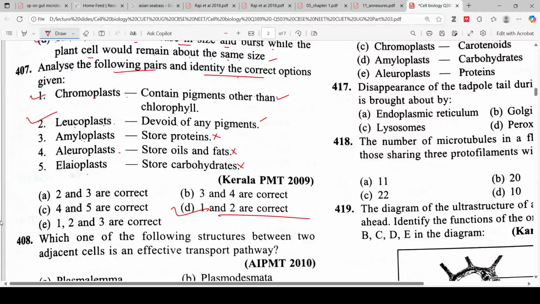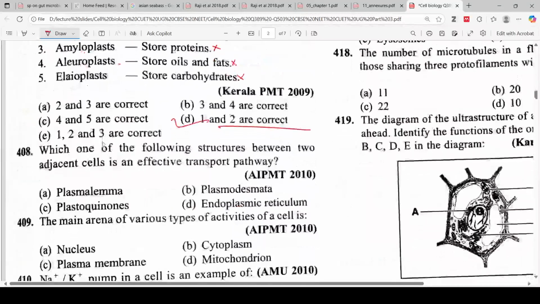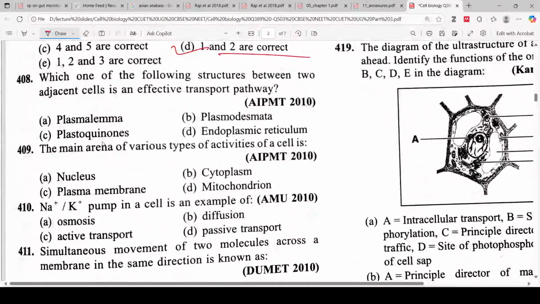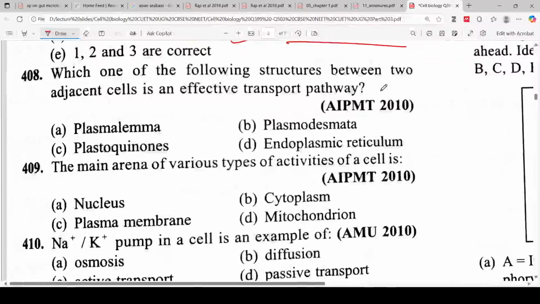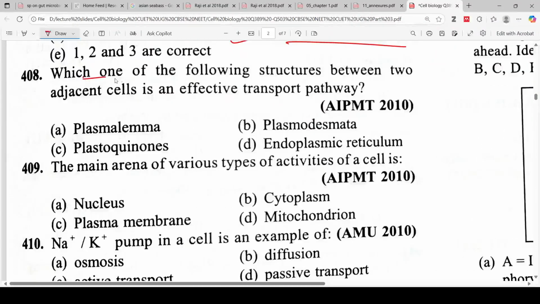Next question. Which of the following structures between two adjacent cells is an effective transport pathway? The correct answer will be option B, plasmodesmata.